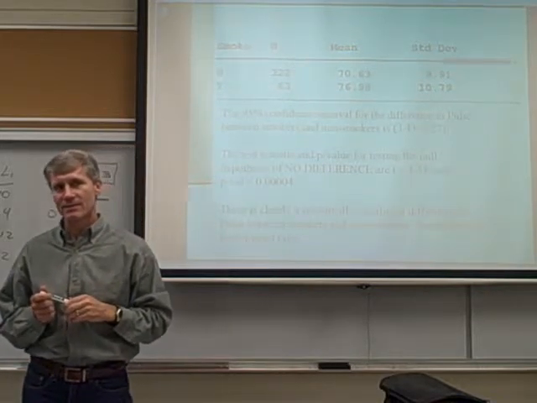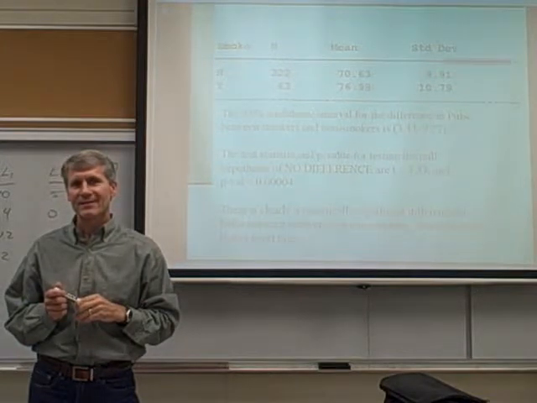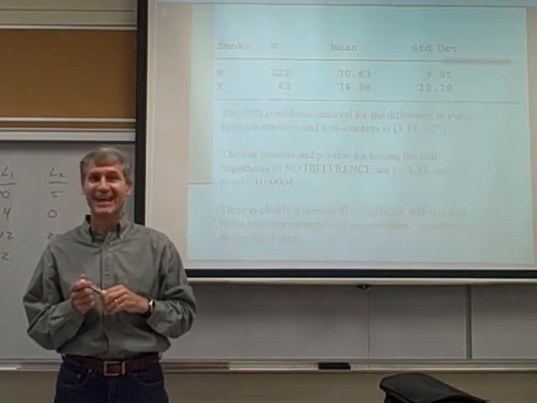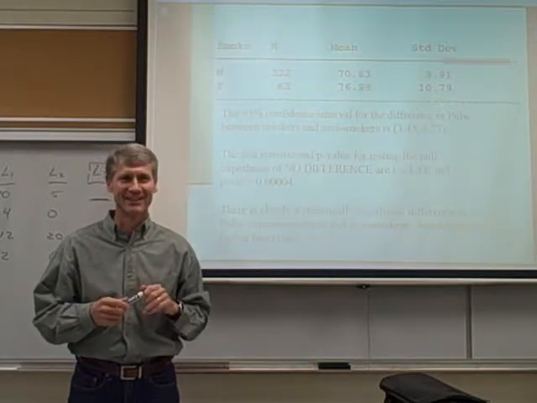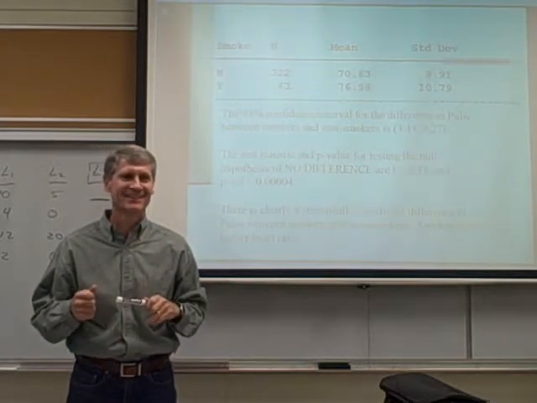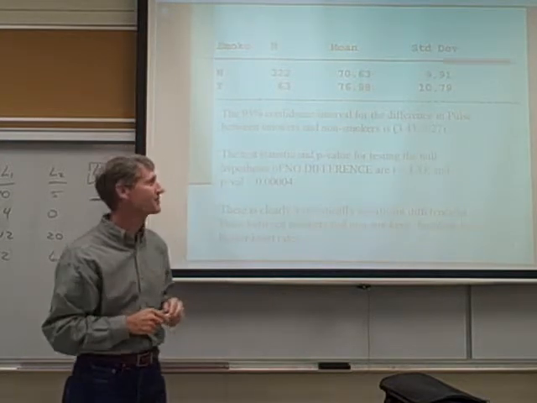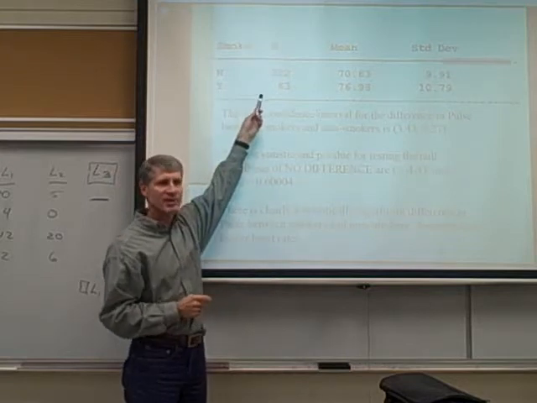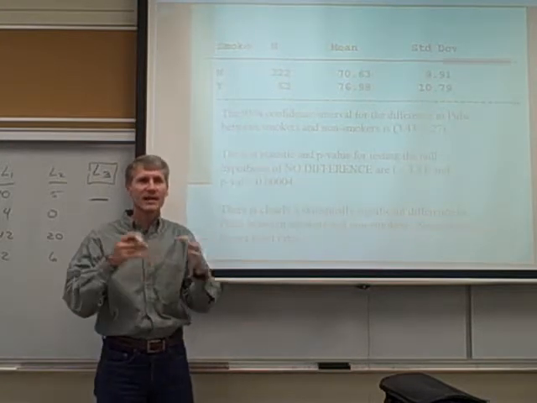Because you're comparing two groups that are independent or dependent. It's one of those two. Now I'm asking you which one. Independent. You just guessed, but you guessed right. Why are they independent? They're different people. You can't be a smoker and a non-smoker.